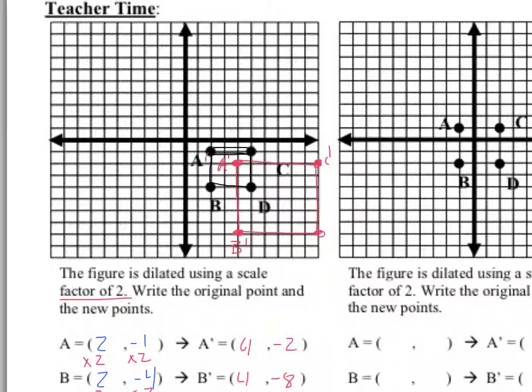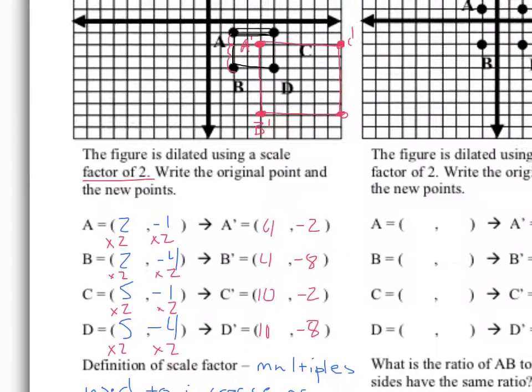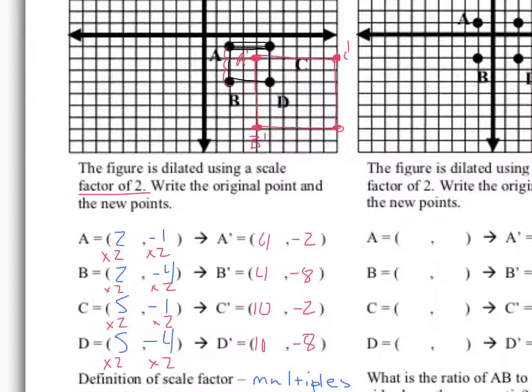My original AB is 1, 2, 3 units long. And my A prime, B prime, the AB of my new figure, I can count over here is 1, 2, 3, 4, 5, 6 units long.